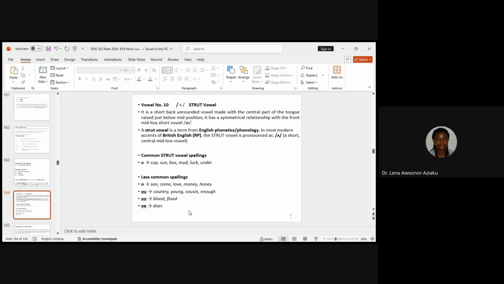It is the goat vowel that Americans use. They monophthongize the diphthong in so, no. Americans will say no. So if you hear a Ghanaian saying no, then it is an American accent.